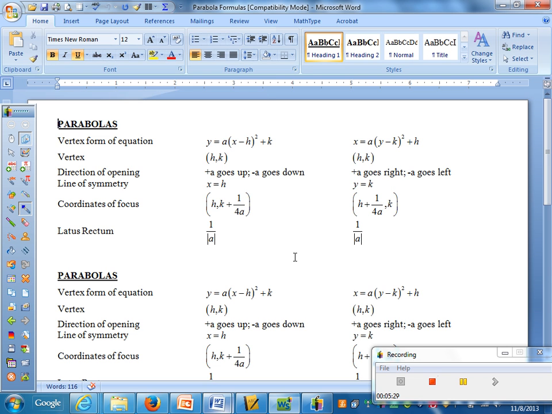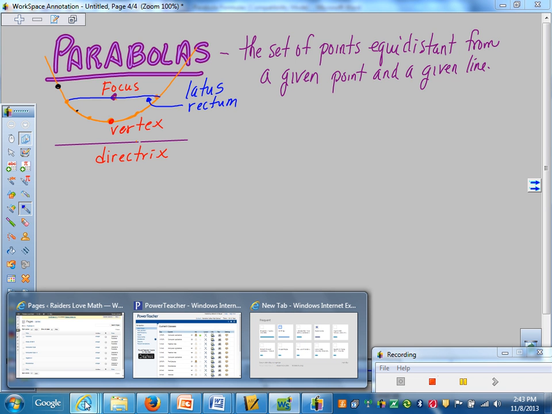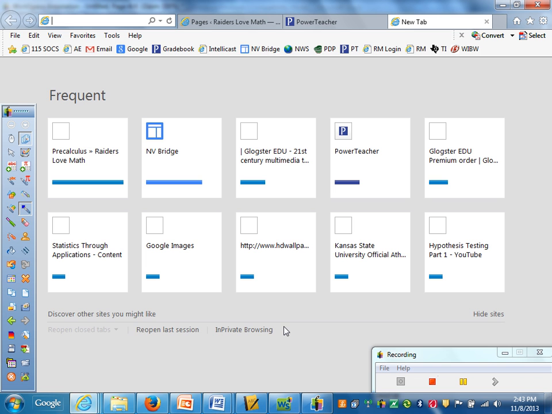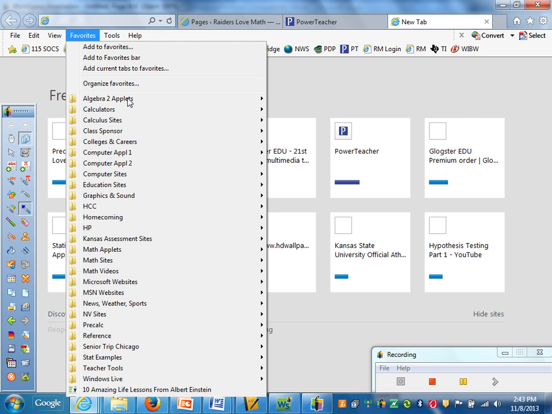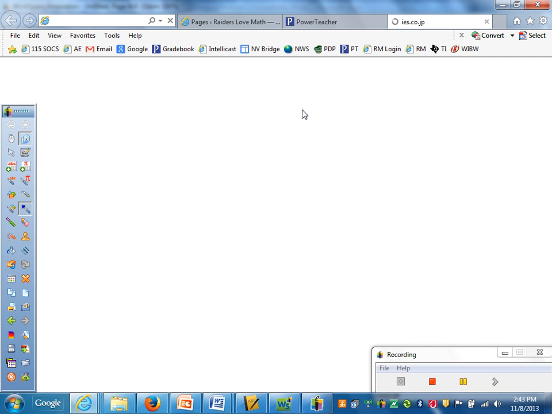But I need to show you in the real world why we care, so that you'll appreciate why we are learning these lovely parabolas. I am going to kick over to the internet. I hope this site's going to work. I forgot to show this to the last block, and it's Java. Connection problems, though.